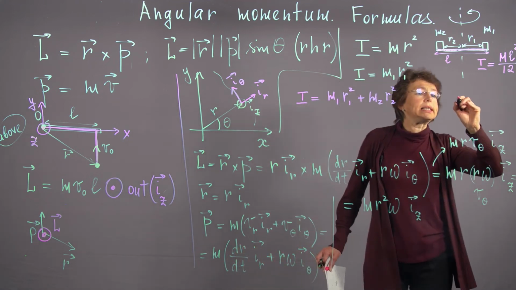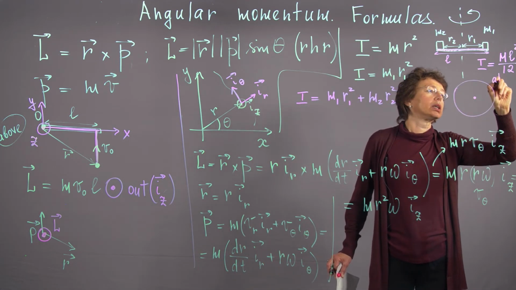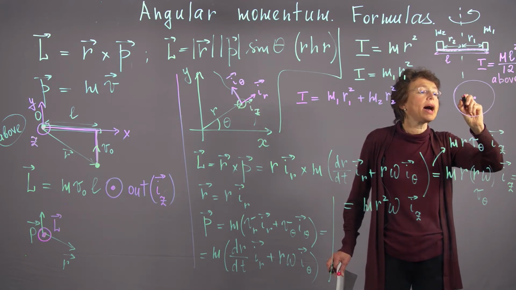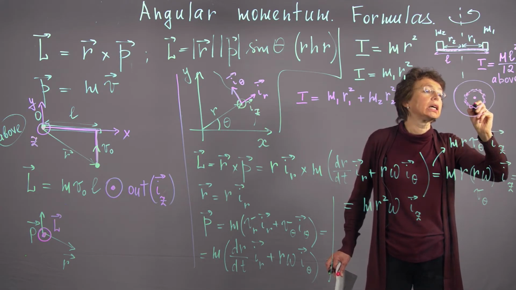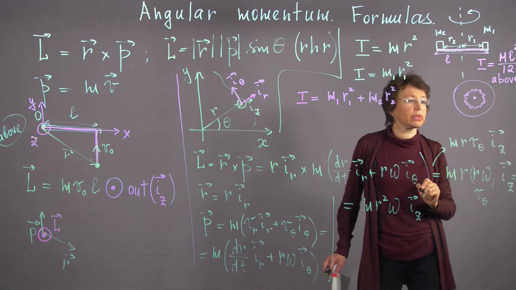Or you have a disk. This is the view from above. What is the moment of inertia of the disk? Now you have to integrate. You cannot just write it for a point mass. You take a ring and then you integrate over all these rings that make this disk.